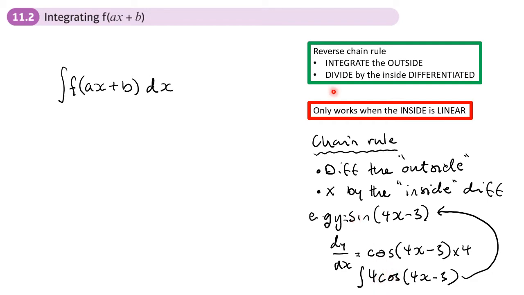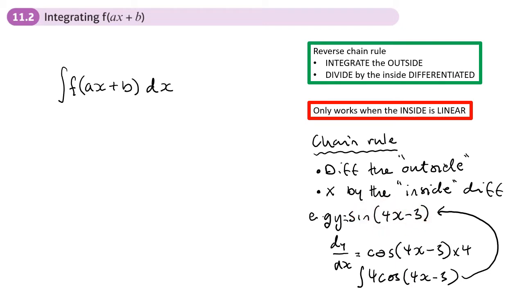That's step number one. The second thing we do is we divide by the inside differentiated. Here we multiplied by the inside differentiated, but now we divide by it. So if I were integrating this, I would divide by 4, and that will get me back to here.